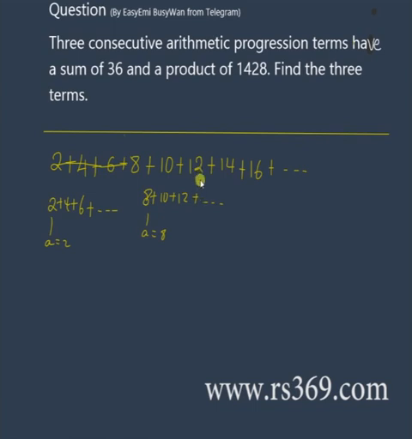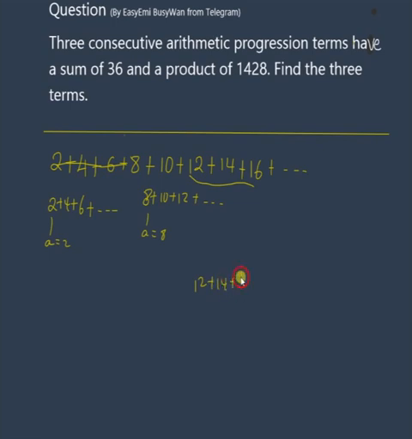For example, these are 3 consecutive terms, but the starting term is 12. So I can have 12 plus 14 plus 16. If this one is A, this is A plus D, this is A plus 2D.